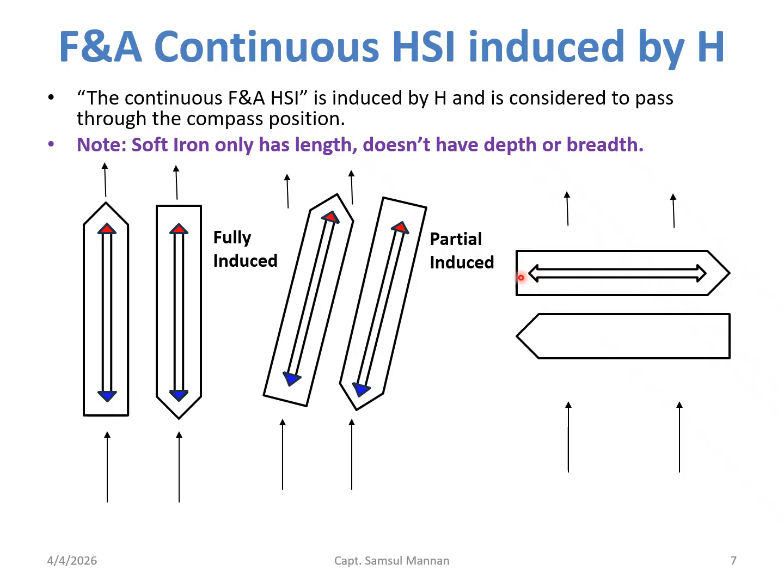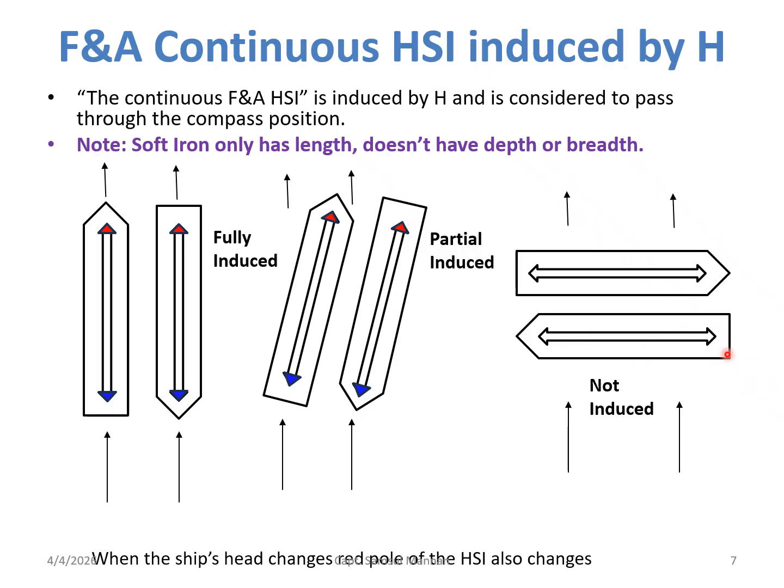As it has no breadth, it will not have any induction at all. And for the 270 heading also, it will not have any kind of induction at all, right? So we call it not induced at all, right?